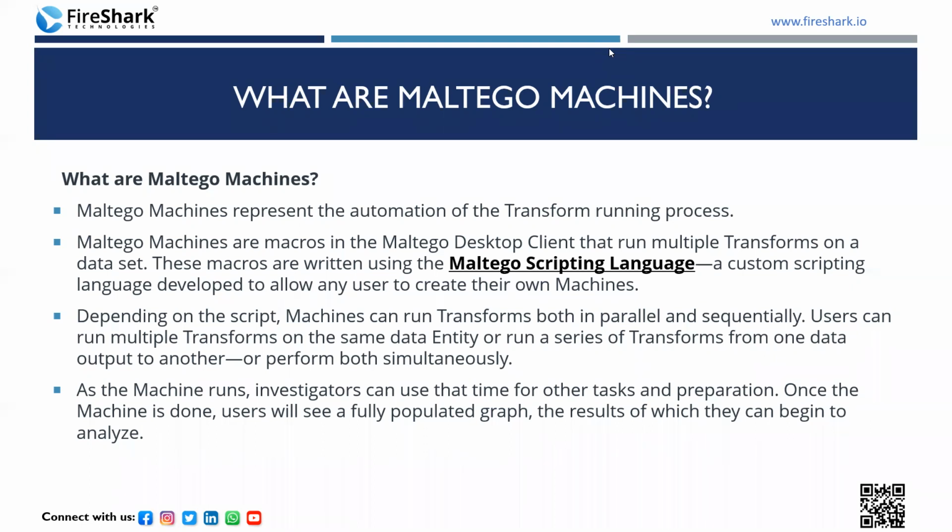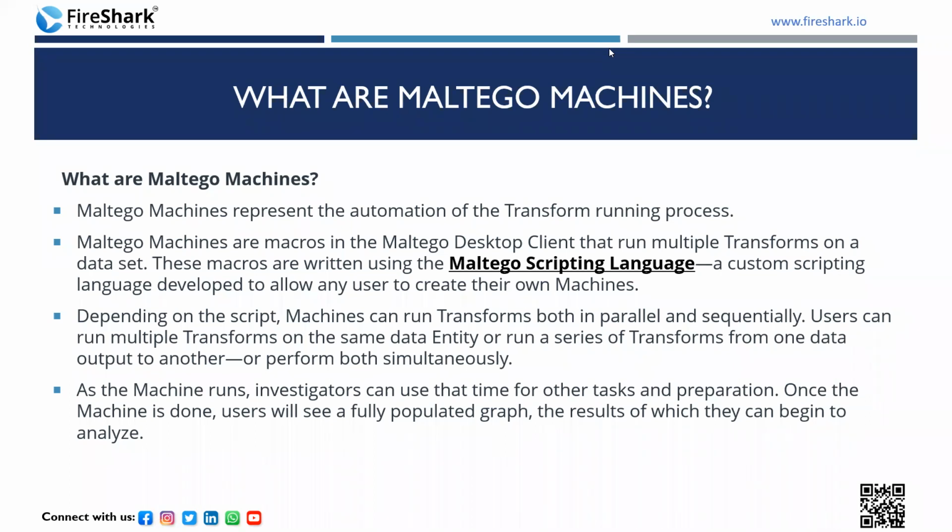And Maltego machines are macros in the Maltego desktop client that run multiple transforms on a data set. Means for any data set from which we need to extract information, we can apply multiple transforms. These macros are written using the Maltego scripting language. How are these transforms built? With the Maltego scripting language, and a custom scripting language was also developed to allow any user to create their own machines.